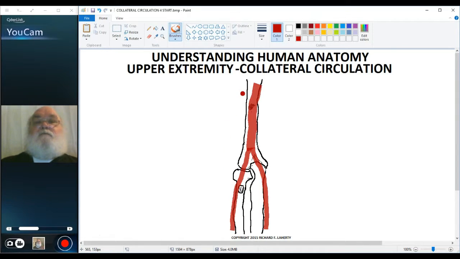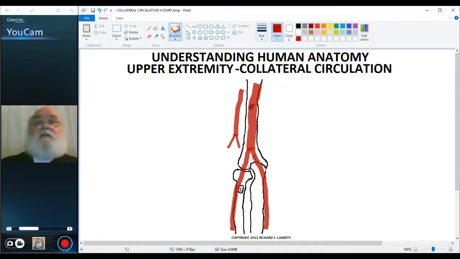We'll need to draw in profunda, coming down like so, and remember that profunda ends by a bifurcation into two.